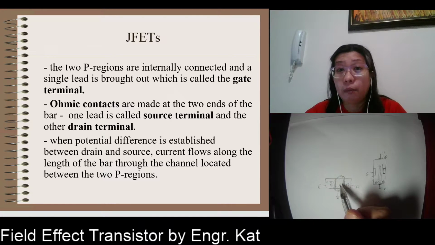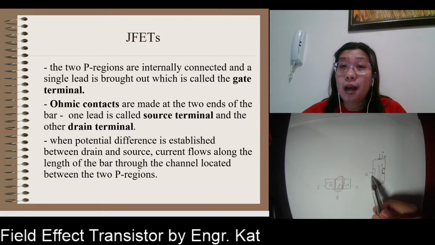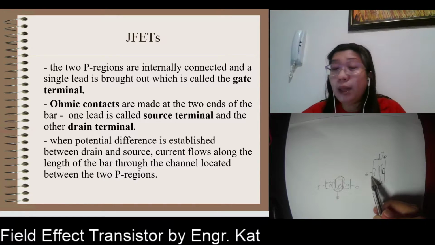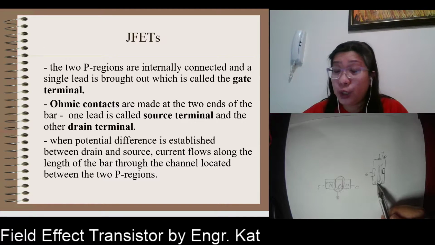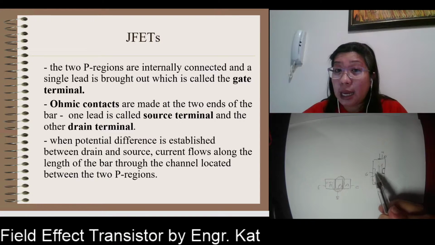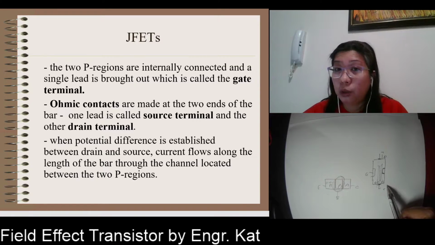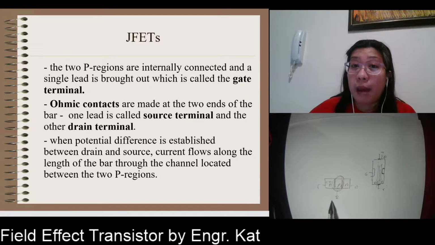That's why it is called bipolar. But as you can see, the holes at the gate will not interact with the electrons from the source going to the drain, because technically they will be passing only through the channel. That is the reason why this is called unipolar and this is called bipolar.